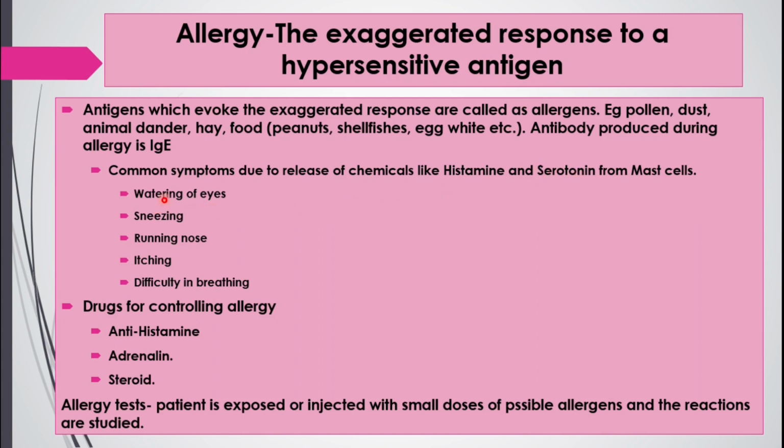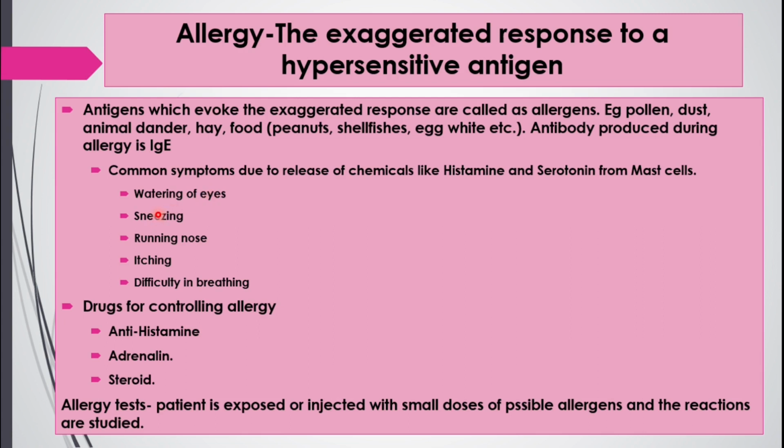Now what happens? When chemicals like histamines and serotonins are released, certain allergic reactions set in. And what are the typical allergic reactions that result? Watering of the eye. The eye starts watering. Then there is sneezing.